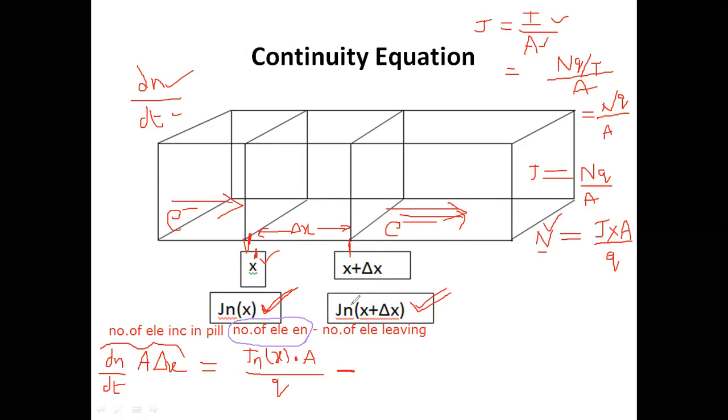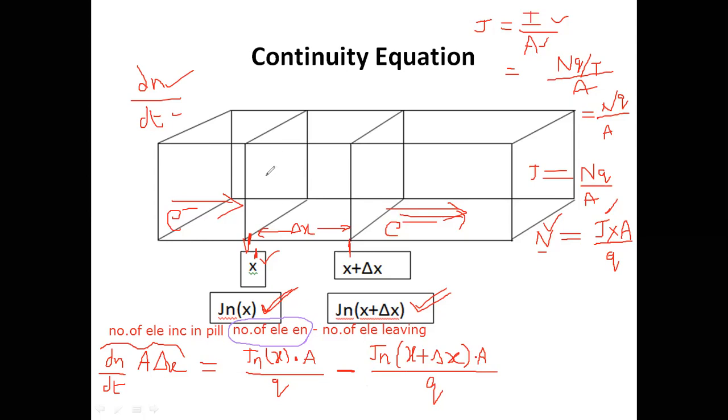At point X plus delta X. The current density there is Jn of X plus delta X, into area, by Q charge, right?